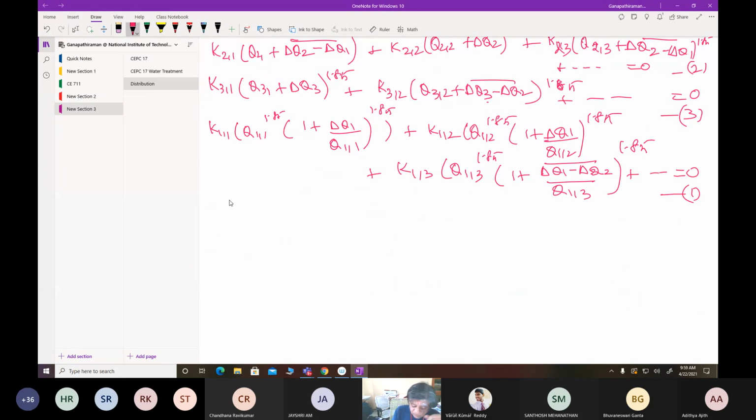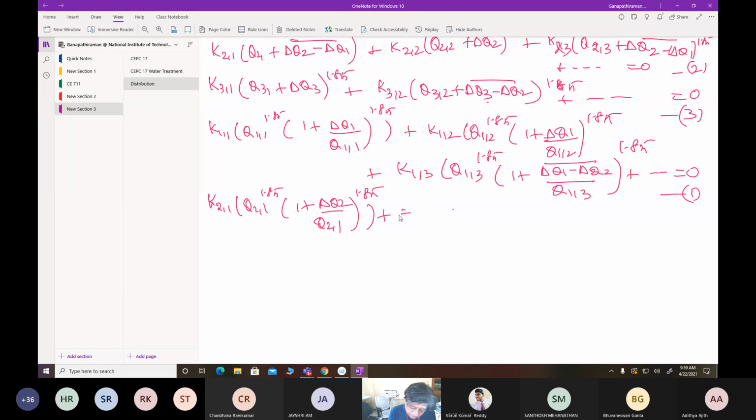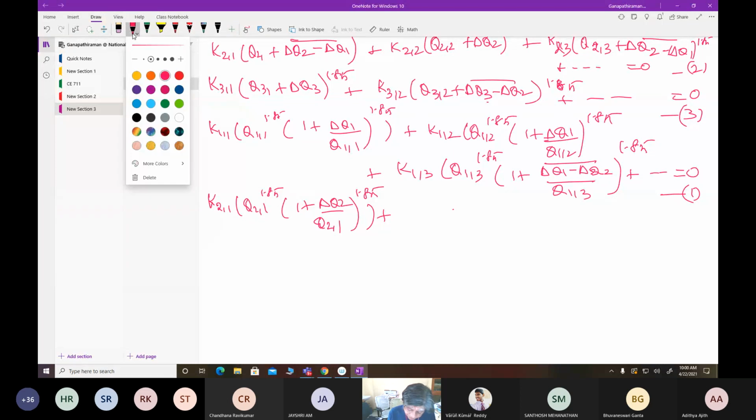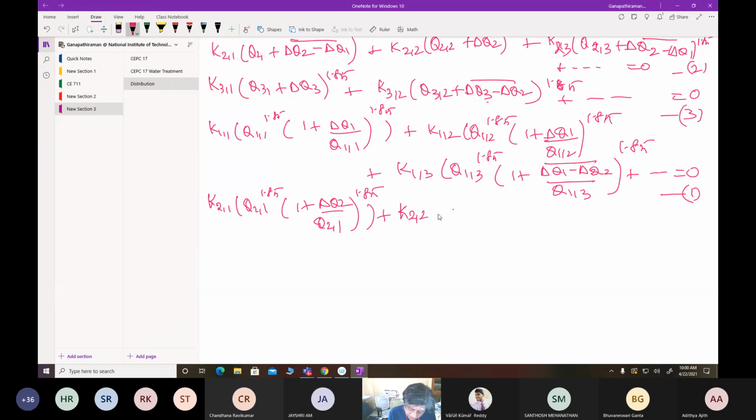Similarly, I have K21 Q21 to power 1.85 into 1 plus delta Q2 by Q21 to power 1.85, plus K22 Q22 to power 1.85.